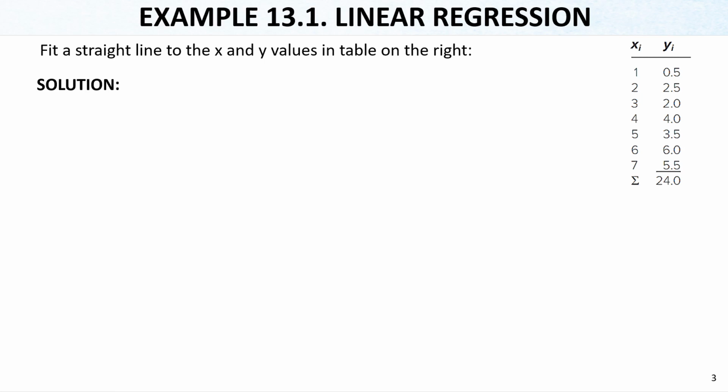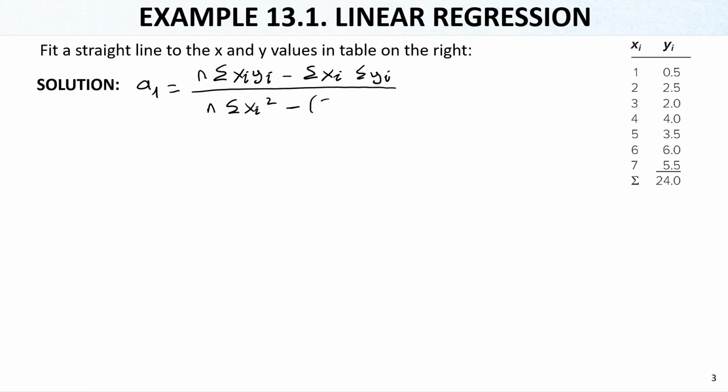If you remember, a1 was n times total xi yi minus total xi times total yi, divided by n times total xi square minus total xi, squared. So this is basically the formulation that you need to know to apply the least squares regression.